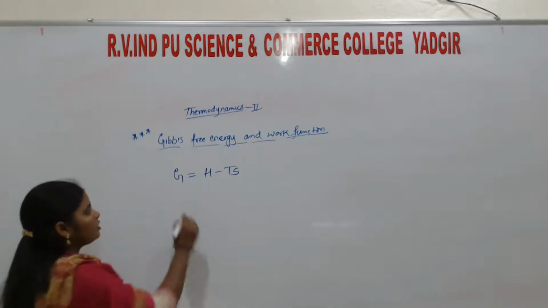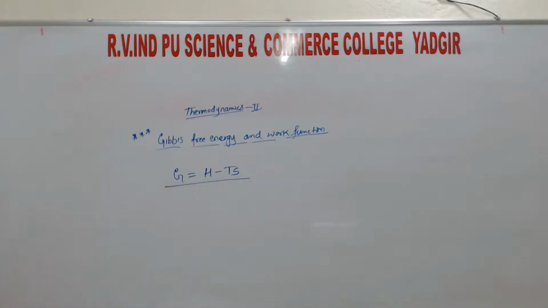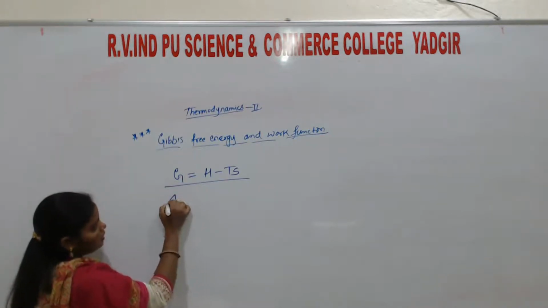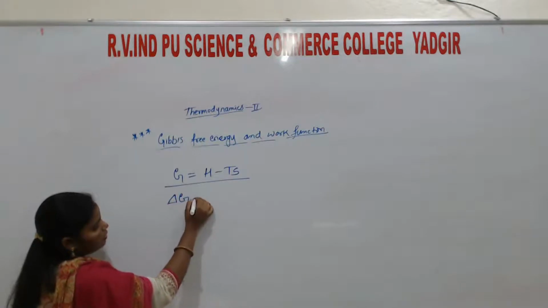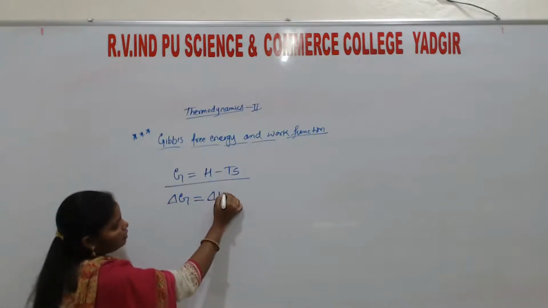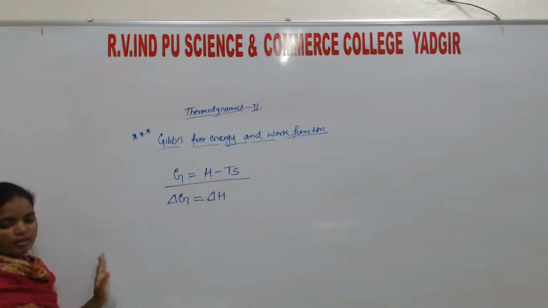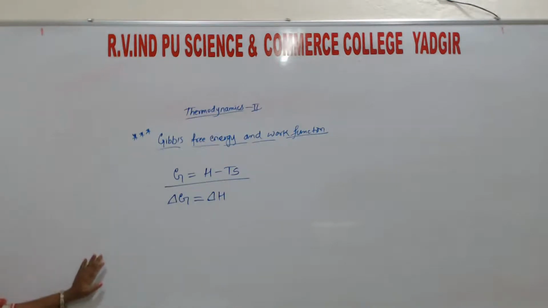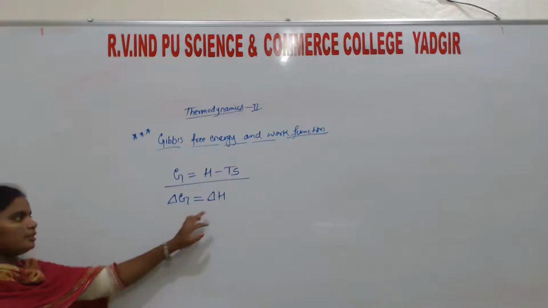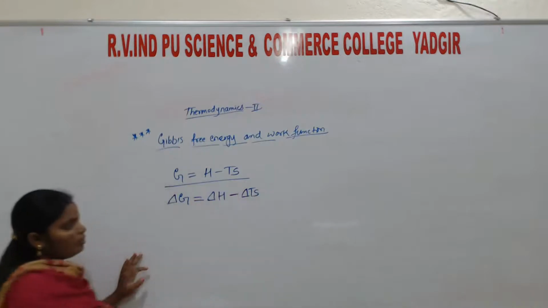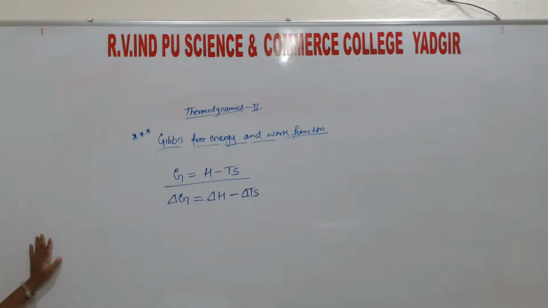Then we have this equation: delta G equals delta H minus T delta S, for the change of system from state 1 to state 2.